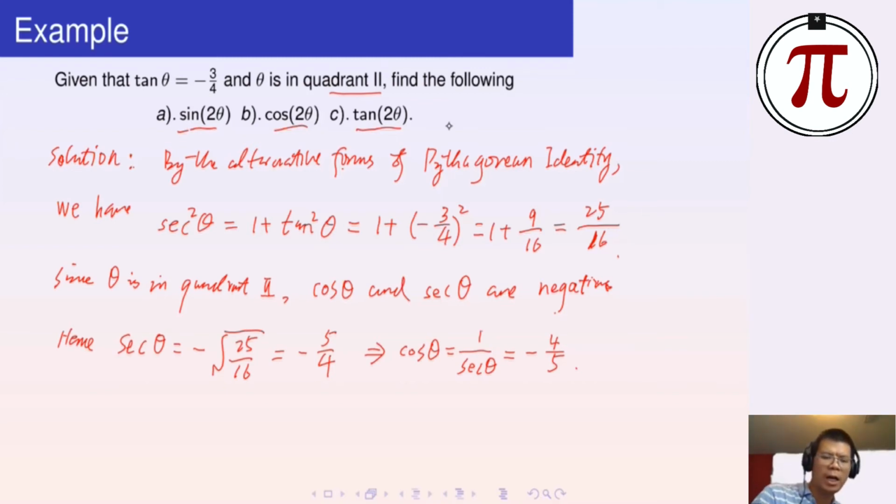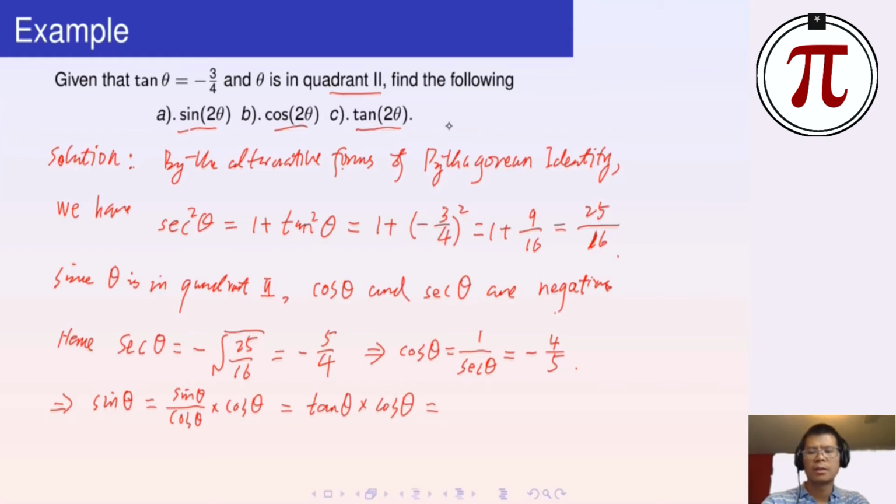Then sine theta equals what? Now you can use the Pythagorean identity if you want to, but you can also use the identity that sine theta equals sine theta over cosine theta times cosine theta, which is tangent theta times cosine theta. Right?